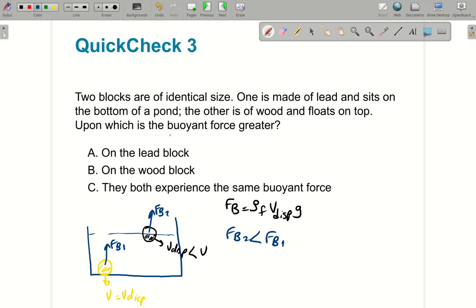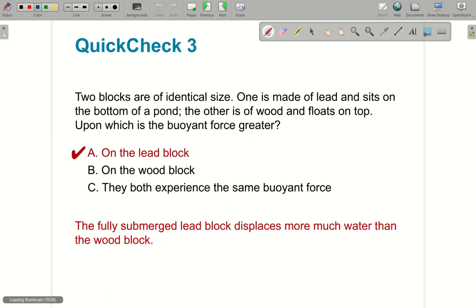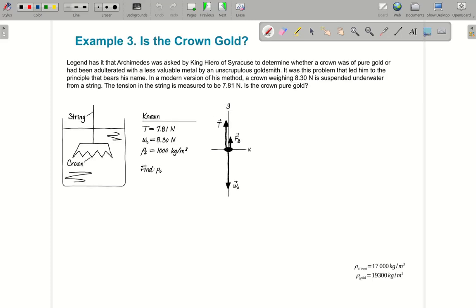Lead submerged more of its volume, displaced more fluid, and is applied a larger buoyancy force. So that's the idea here.